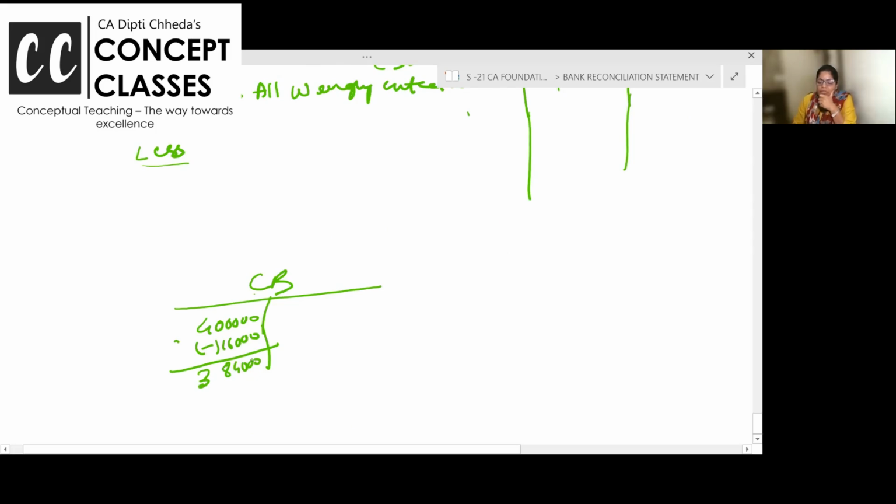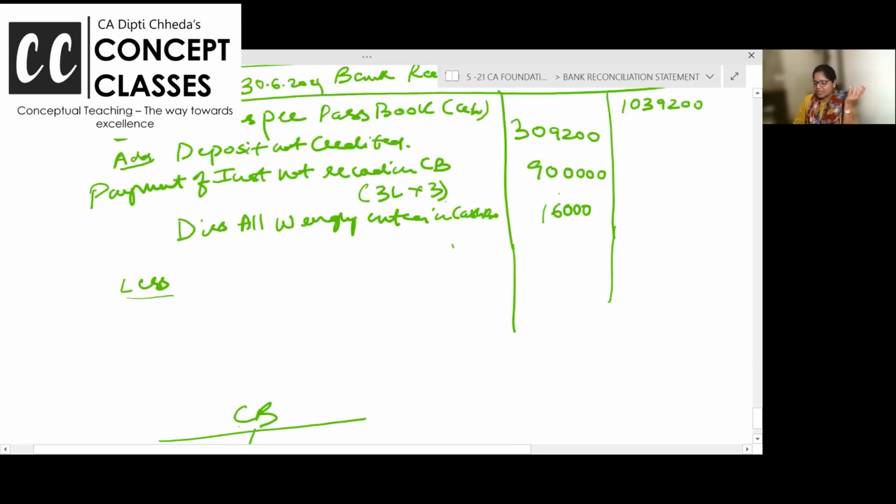Entered the gross amount in the bank column. हमने पूरा debit कर दिया. So they should also credit, no? Instead of debiting 384 in the bank, we debited 4 lakhs. 16,000 extra. So they should also credit 16,000. Credit, add. Now clear? Bank charges 3,000. They have debited.